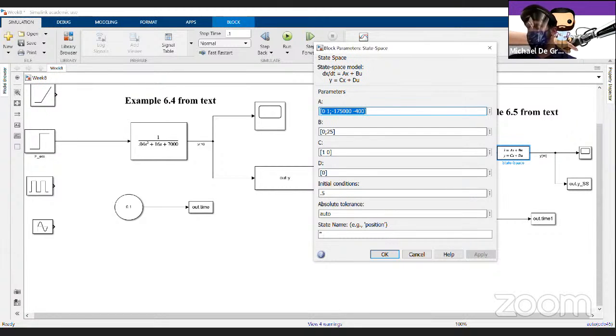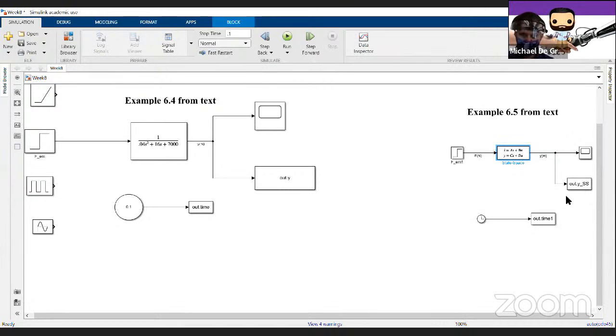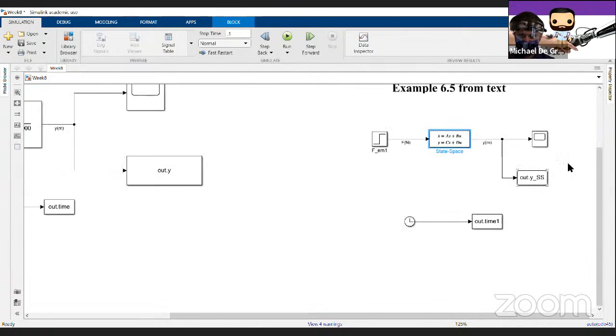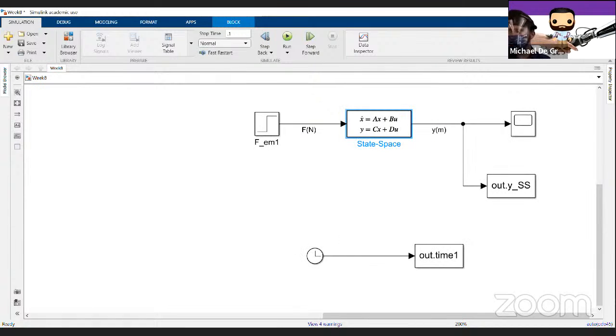You can set initial conditions. We're going to set ours to 0. I've also got an out to workspace. I'm sending my Y for state space out to my workspace.